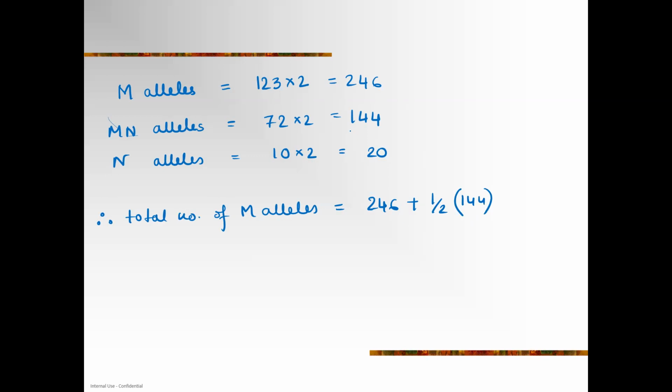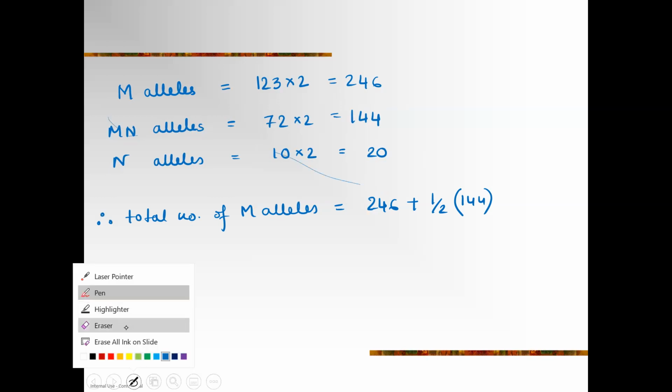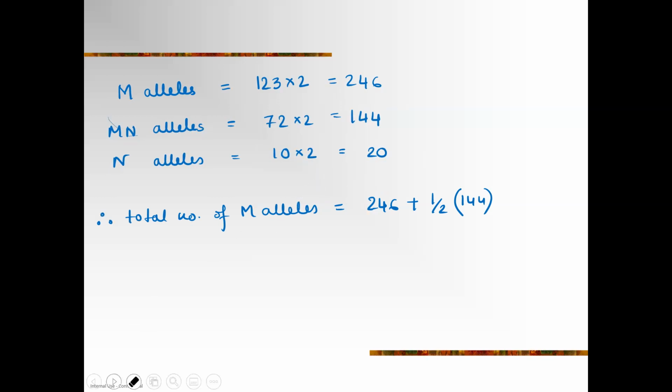This number is formed with association of two alleles, M and M. So why will we consider it as a whole? We will only take M. The concept should be clear. This is very easy.